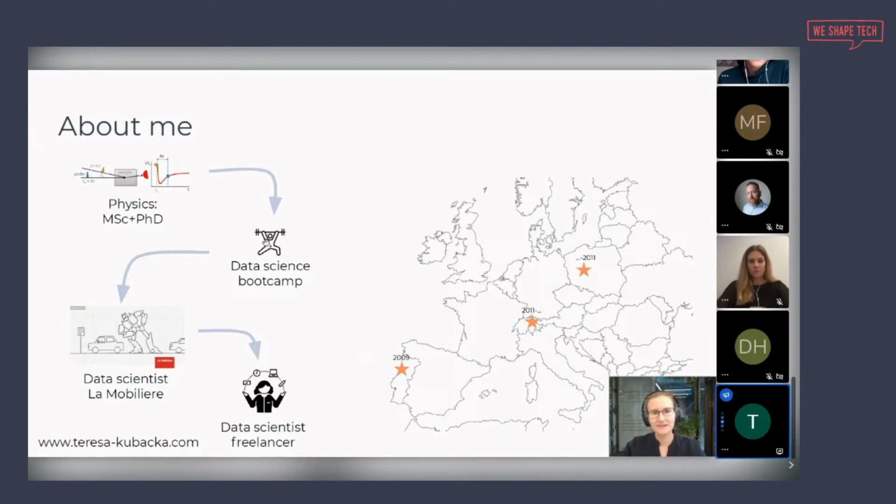But then I decided to move to data science, because already at this time, I felt that the academic path is not for me, but actually working with data and insight is something very appealing. So I did a data science bootcamp, which is a very intensive 6-week training for people who want to transition into tech and are from outside this area. Then I got a job at Mobiliar, the Swiss insurance company, and I was there for 2 years as a data scientist.